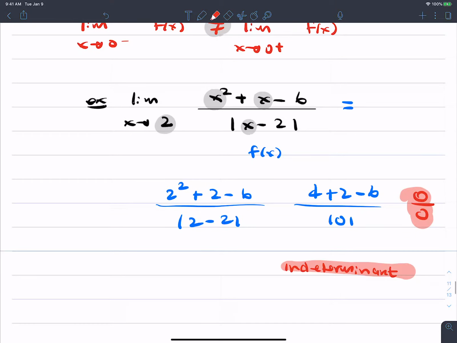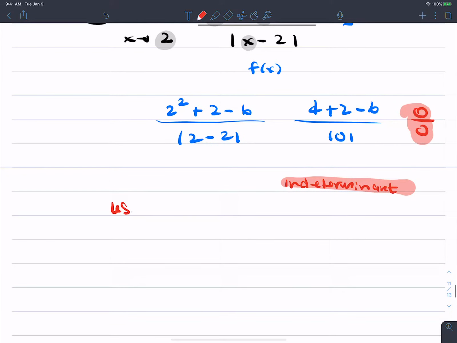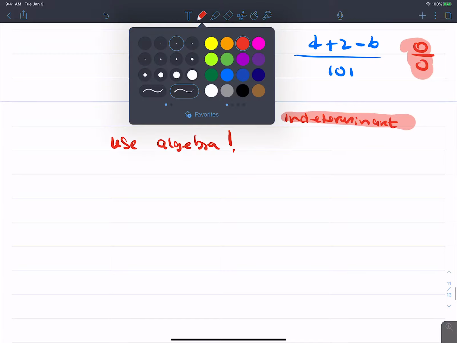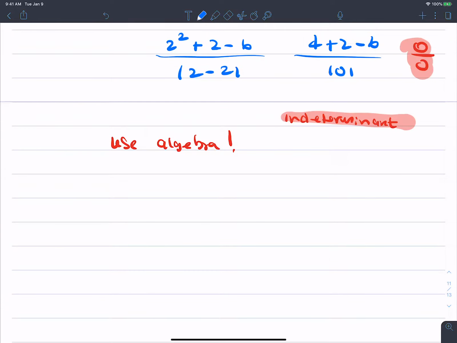So we can't determine. And you say, well, what do I do? Use algebra. You just have to use the definition of the absolute value of x minus 2, and you're going to have to pay attention to it. This is going to be both a left-handed limit and a right-handed limit, so I'm going to have to answer 2 questions here for the price of 1. This is a hefty question. So I got 2.